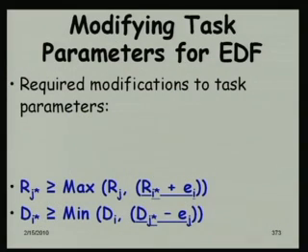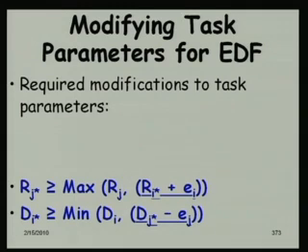We had looked at how to modify task parameters for table driven schedulers and also the RMA. Basically, we are trying to modify the ready time, and we had taken some examples. We found that it is not really very difficult, it is easy actually.